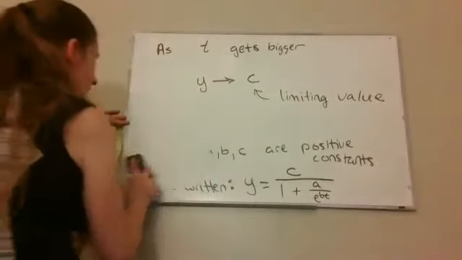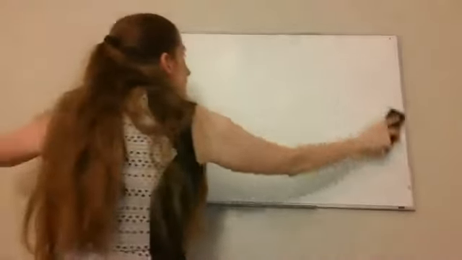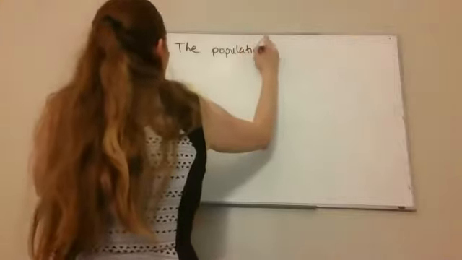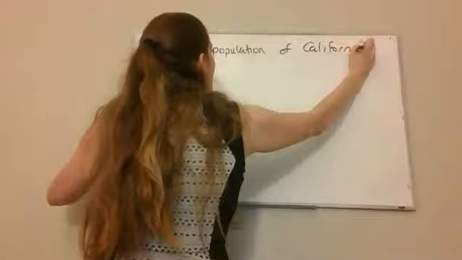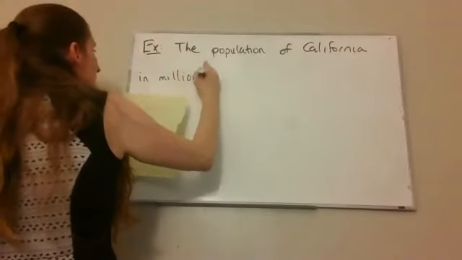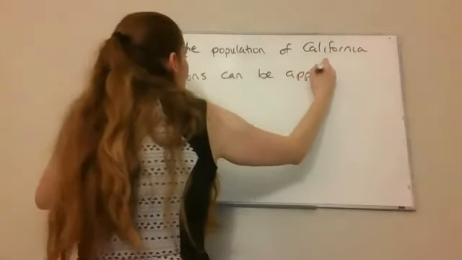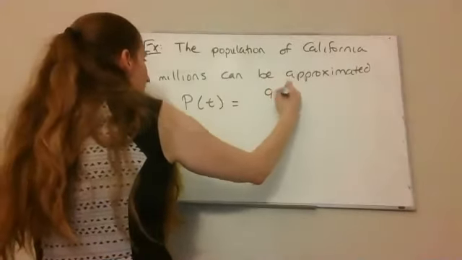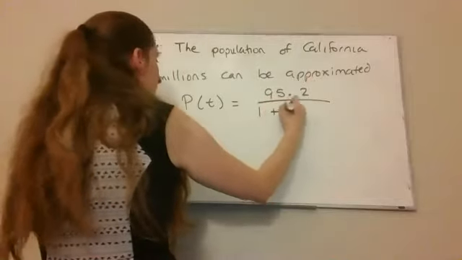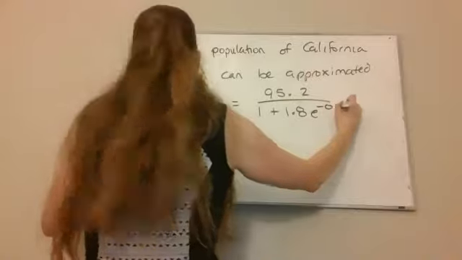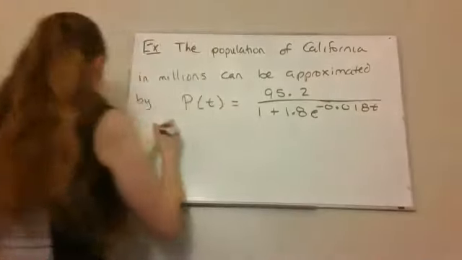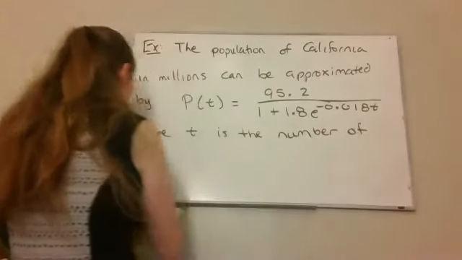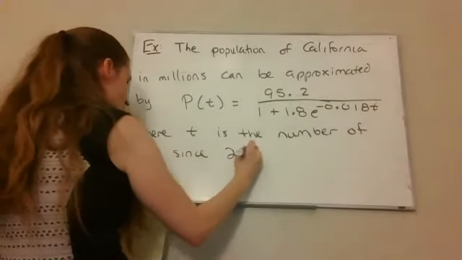Let's do an example using one of these logistic models. The population of California in millions can be approximated by P of t equals 95.2 divided by 1 plus 1.8 e to the negative 0.018 t, where t is the number of years since 2000.